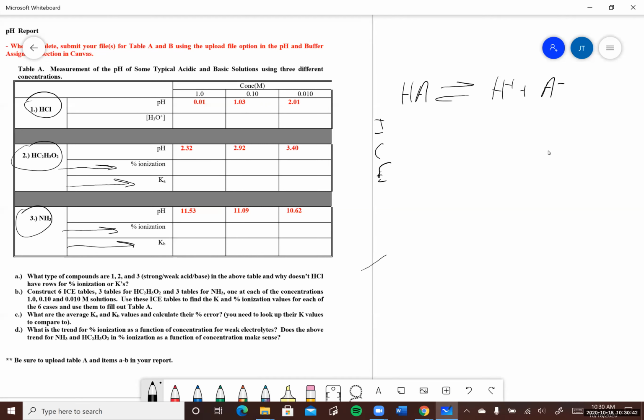You have the concentrations here, and these concentrations for all of them are 1 molar, 0.1 molar, and 0.01 molar. So you're going to have to do 3 for HA, which is the weak acid, similar to acetic acid, and then the last one's ammonia, which is a weak base. So you're going to have to set up this reaction in water and show what happens to ammonia when you put it in water, and solve 3 ice tables for this guy.